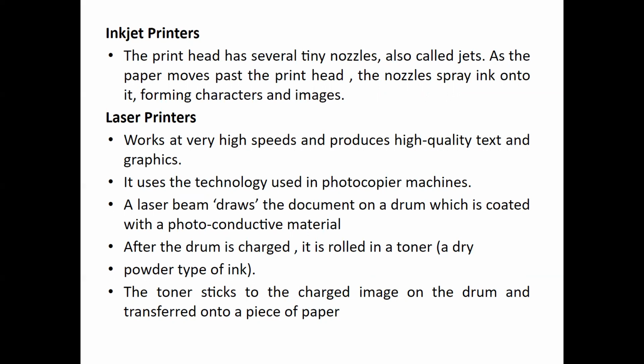The toner is then printed on the paper using heat and pressure. Once the document is printed, the drum loses the electric charge, and the remaining toner is collected. The laser printer uses powdered toner for printing instead of liquid ink, and produces quality print objects with a resolution of 600 dots per inch or more.